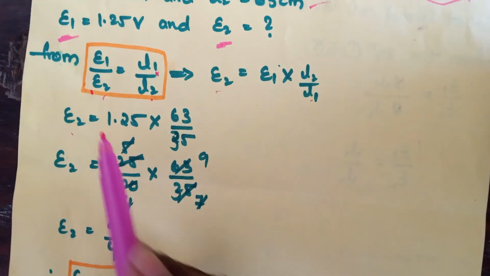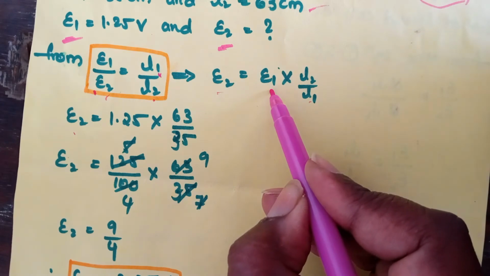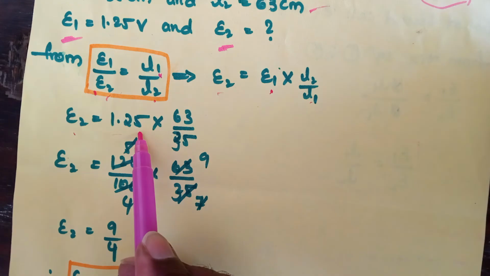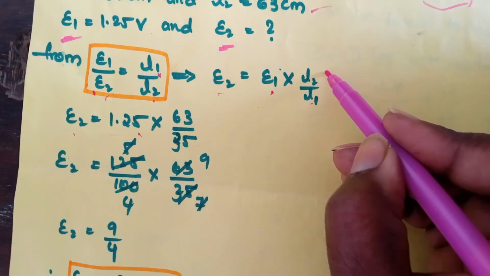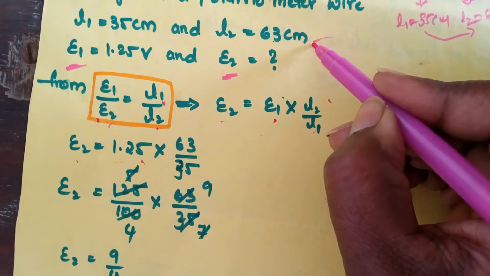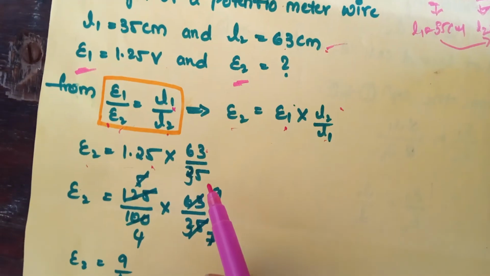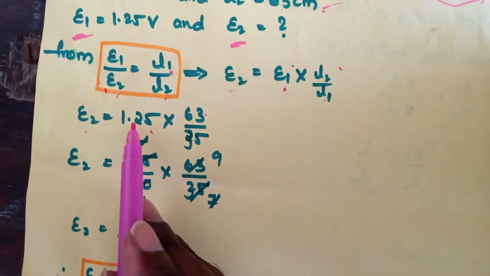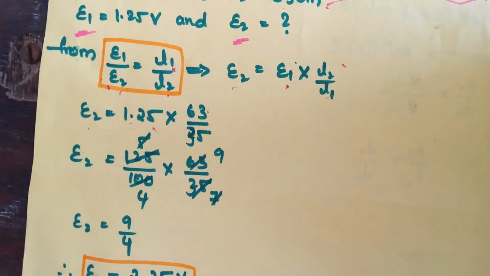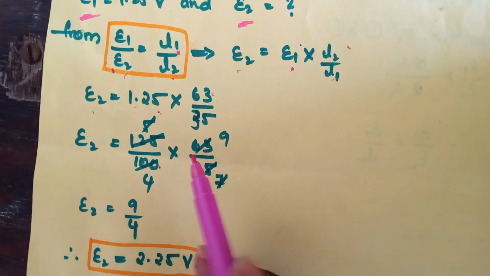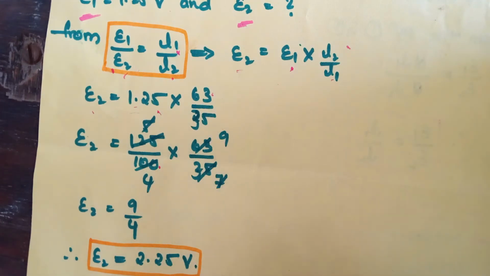Epsilon 2 is equal to EMF of the first cell, 1.25 volts, into L2 value 63 by L1 value 35. Convert 1.25 from decimal form to fraction form. So 125 by 100 into 63 by 35.